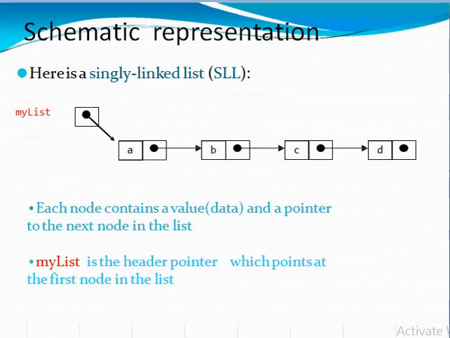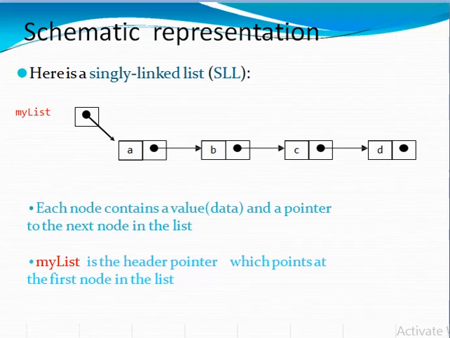This is the schematic representation of a singly linked list, consisting of 4 different nodes, say A, B, C and D, where each node has the address of the next node. A has the address of B, B has the address of C, C has the address of D, and D has the null address that indicates the end of the linked list.